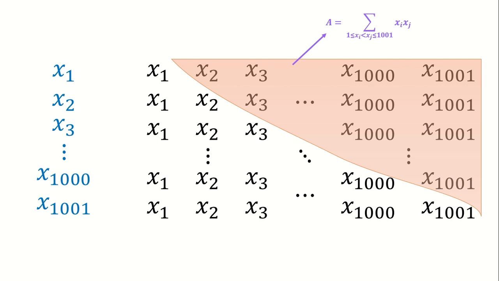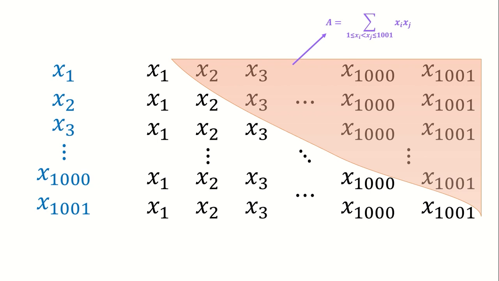So if I take x1 times the first row and add it to x2 times the second row and so on until x1001 times the 1001st row, we have this expression.